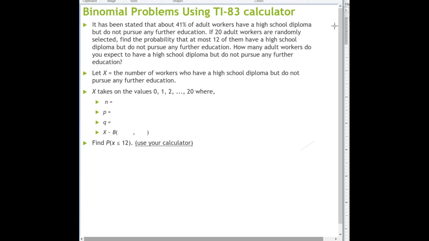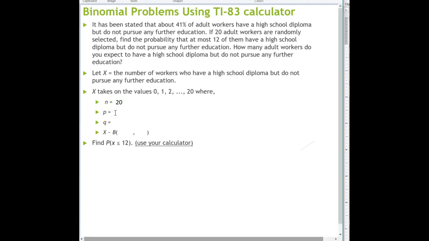So in this scenario, we are going to let X equal the number of workers who have a high school diploma but don't pursue any further education. So that means that X is from 0 to 20, and let's fill out these values. So N, there's 20 total adult workers, so N is 20.